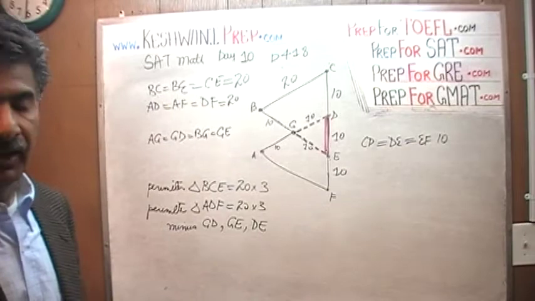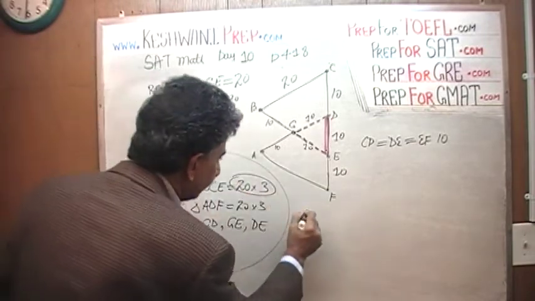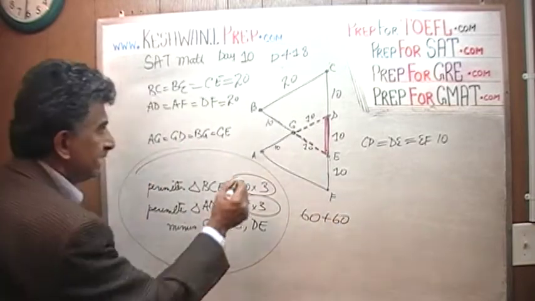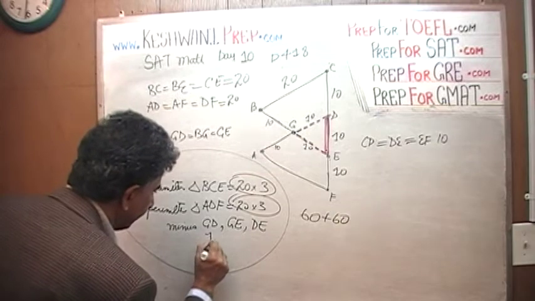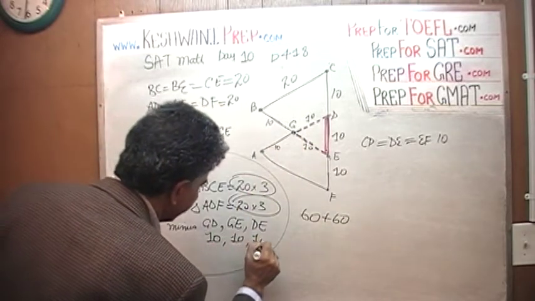That's the perimeter of the flag. The perimeter of the flag is this guy right here. 20 times 3 is 60. Another 20 times 3 is another 60. And then we have G to D, which is 10. G to E, which is another 10. And this is another 10.